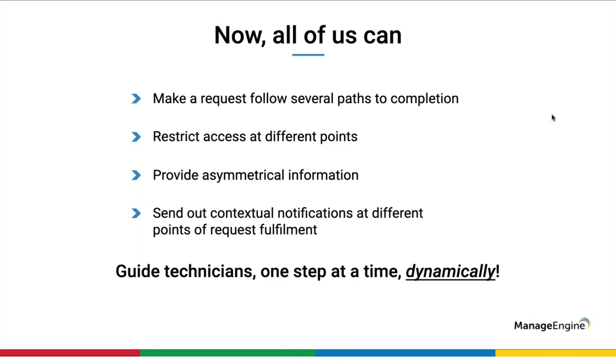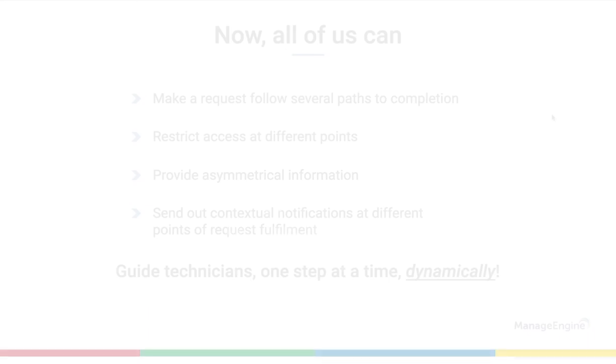Provide asymmetrical information, so collect data at various points. Send out contextual notification at different points of request fulfillment. And also guide technicians one step at a time. So that dramatically reduces the time required for training your technician in the processes that they have to follow. So you guide the technician one step at a time dynamically.